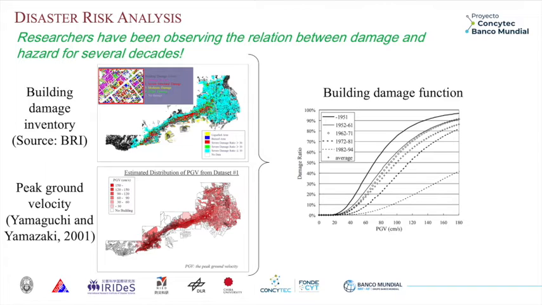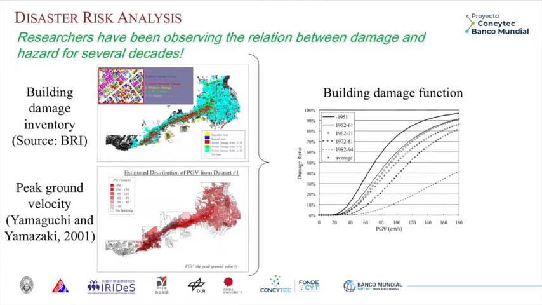I think you are familiar with fragility curves. Fragility curves are functions that associate the intensity of the demand a building experienced during the earthquake, in this case a disaster, and the probability that this building will reach or exceed a certain level of damage.